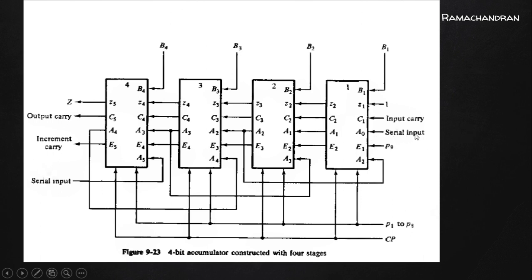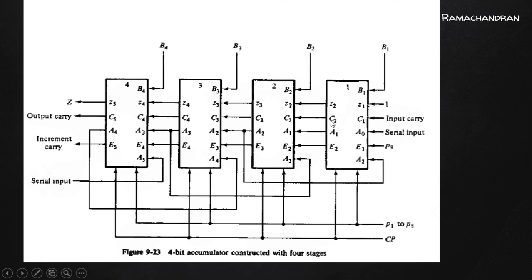Okay, this particular serial input is given to our A0 in case of our left shift operation. In case of left shift operation, a vacant space obtained in the LSB bit is filled by a serial input from external. So that input is given directly to this first stage. And the state of this first stage of our accumulator decides what value comes in the next stage.